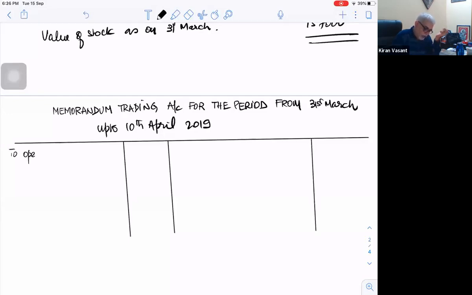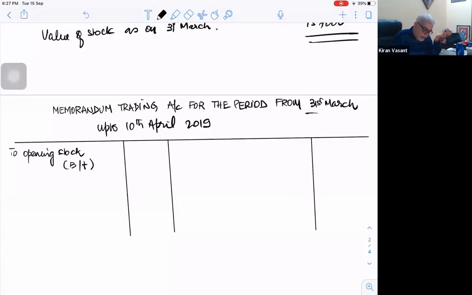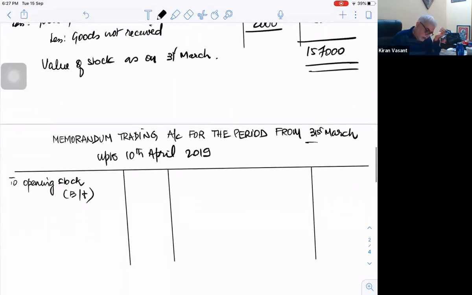To opening stock is what I want to calculate. On 31st of March, I want to know what this is. So that would be the balancing figure. Okay.